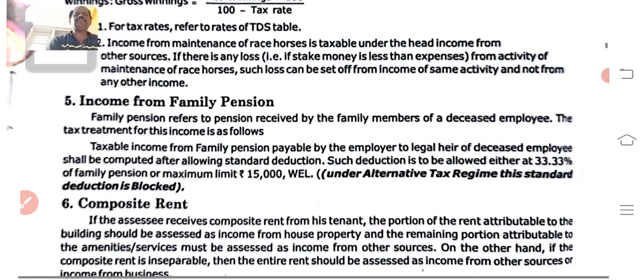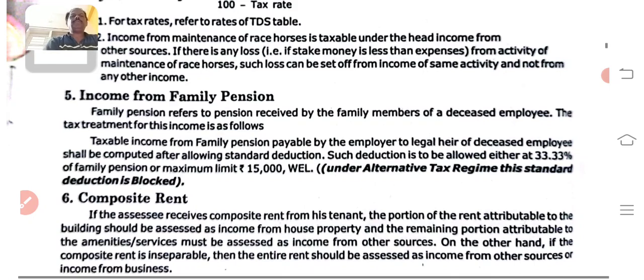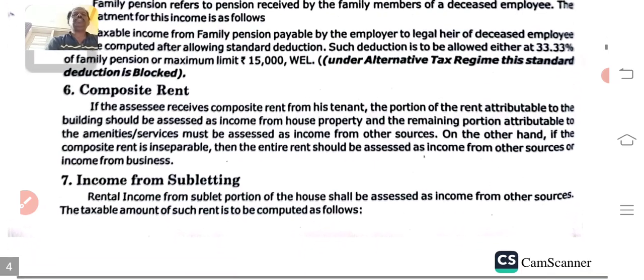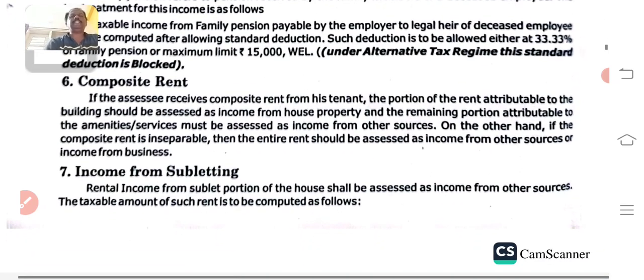Taxable income from family pension payable by the employer to the legal heir of a deceased employee shall be computed after allowing standard deduction. Such deduction is allowed either at 33.33% of family pension or the maximum limit of 15,000, whichever is less.